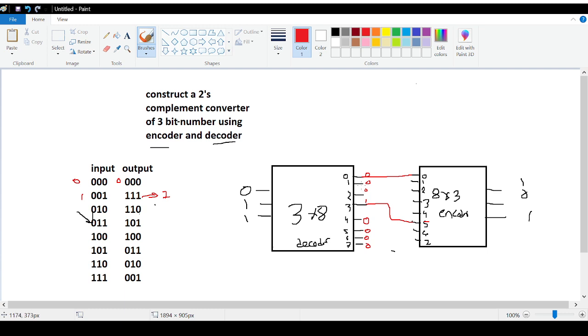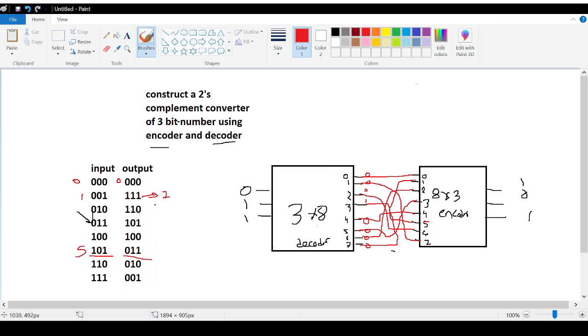So 1 will be connected with 7. 2 will be connected with 6. 3 with 5. 4 will be connected with 4. 5 will be connected with 3. See, 5 corresponds to 3. 6 will be connected with 2, and 7 will be connected with 1.